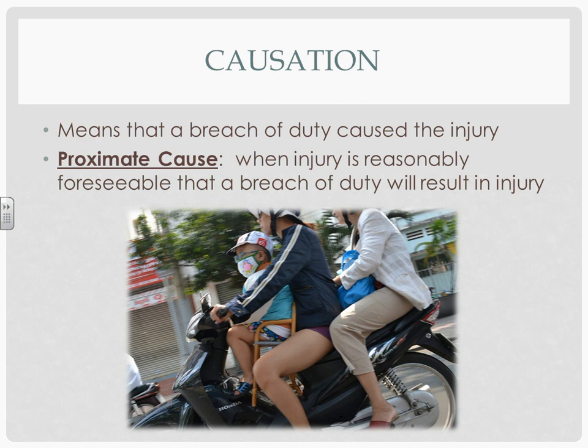In this case, right here, we have injury is reasonably foreseeable. There are two adults here, a child on a chair, and a baby in arms riding a motorcycle. I don't know, but we could look at this situation, and if these people get into an accident, we could say it was foreseeable that something bad could occur.